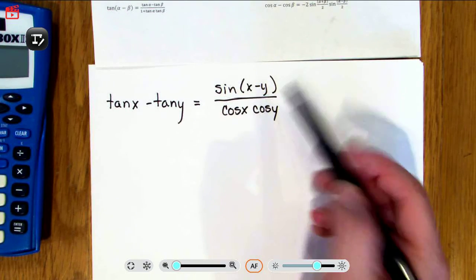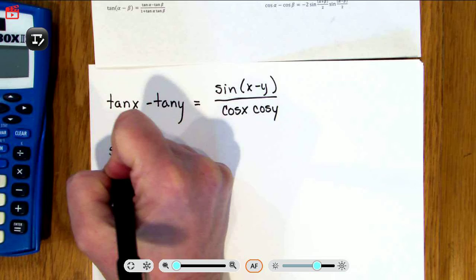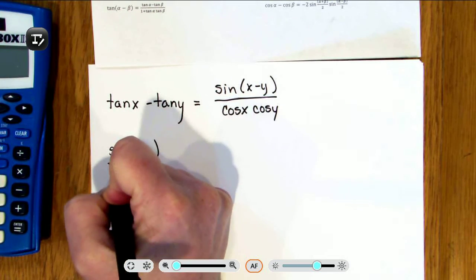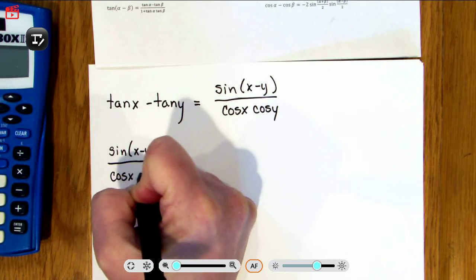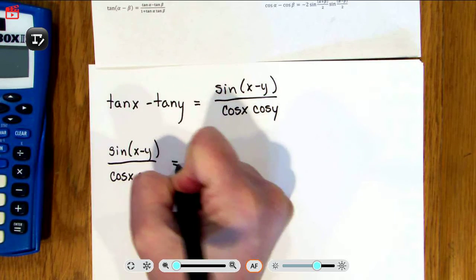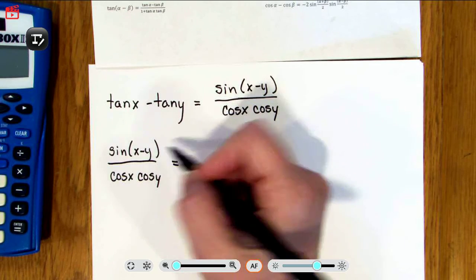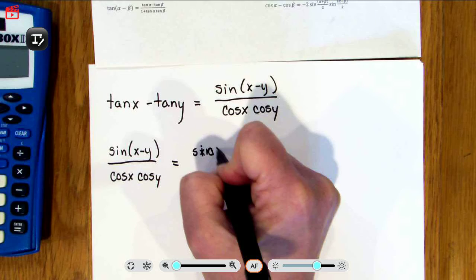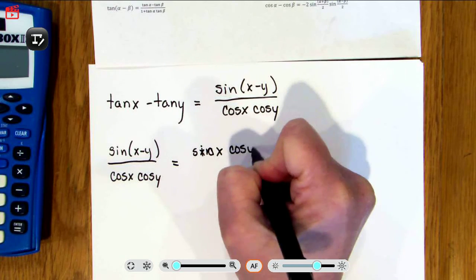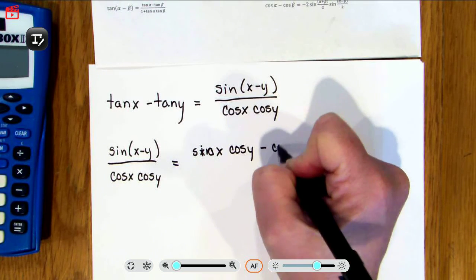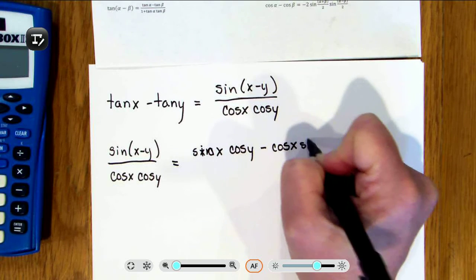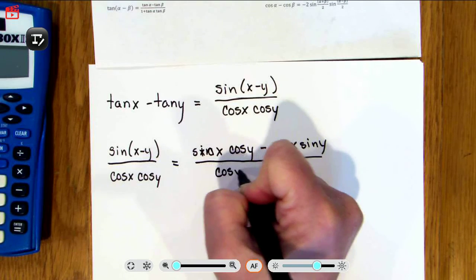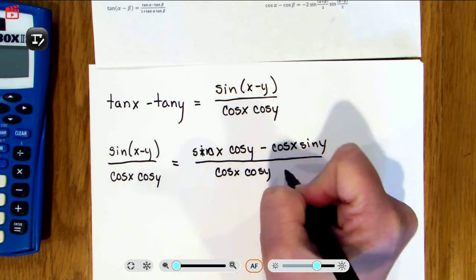So let's take this one first of all. Let's do that sine of x minus y, and that's over cosine x cosine y. Here I get from my formula, this is the sine of x cosine of y minus the cosine of x sine of y all over cosine x cosine y.